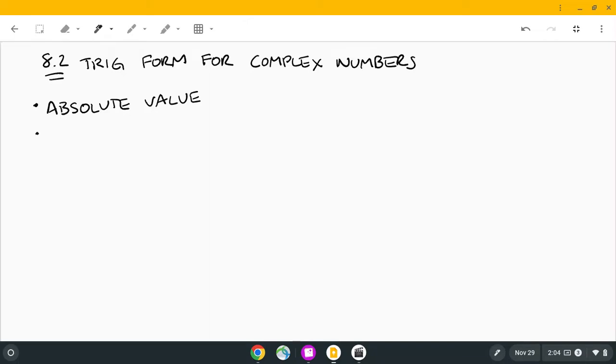We're going to take a look at the conjugate. We're going to take a look at trig form. And we're going to take a look at trig form to standard form.